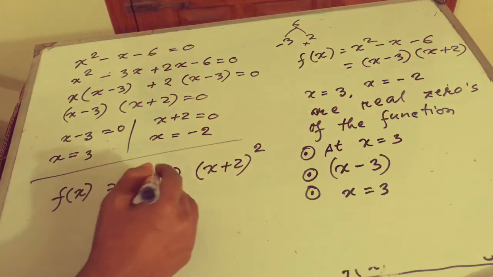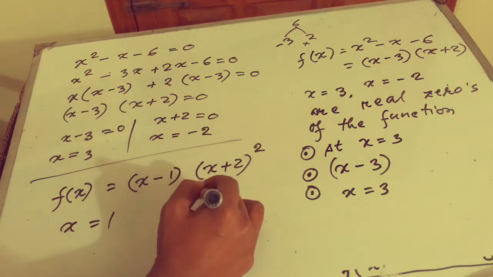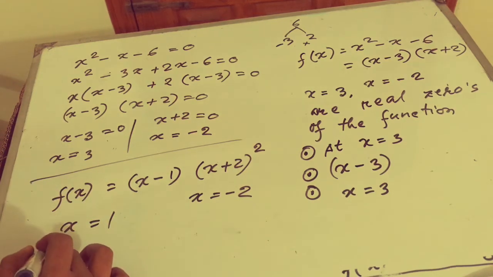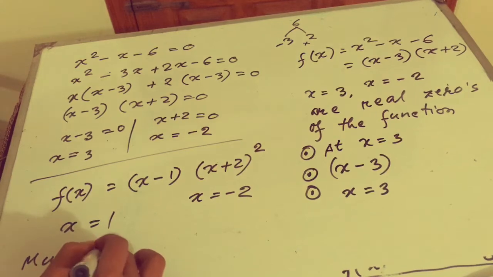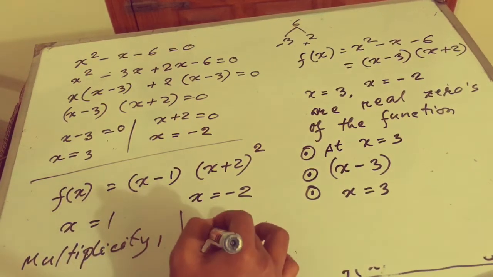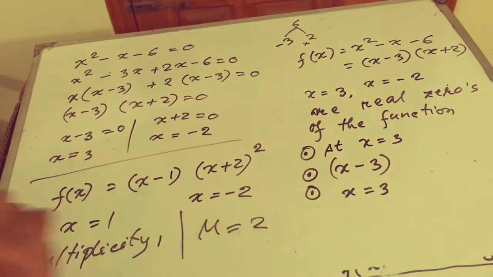And for this function the real 0 will be x equals 1, and for this term it will be x equals minus 2. So for this one real 0 is x equals 1, and its multiplicity is 1, and in this case the multiplicity is 2, this 2 is the multiplicity.